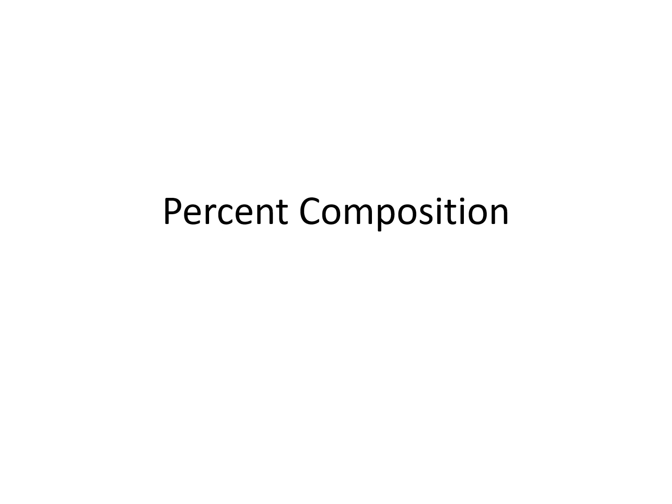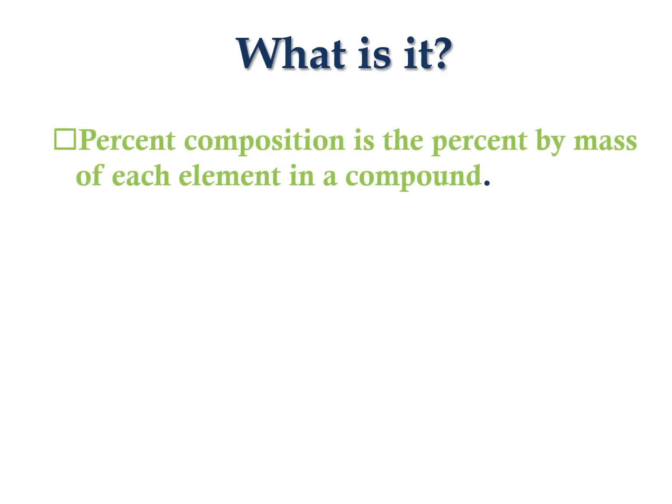But by mass, it's different because hydrogen's mass is 1.01 and oxygen's mass is 16. So by mass, the ratio comes out differently. So let's take a look at this. So percent composition is what percent of each element is in a compound.